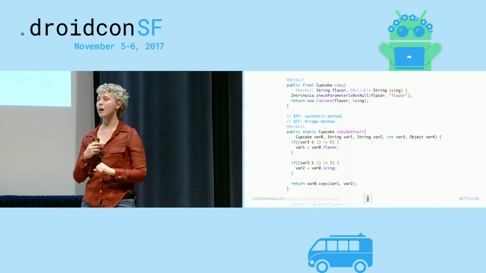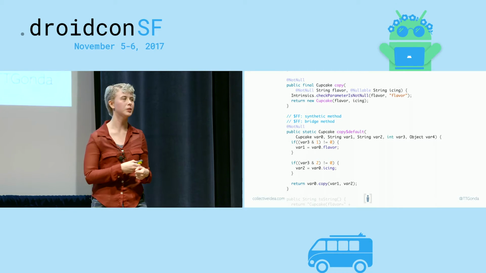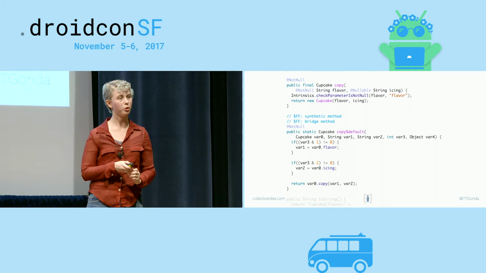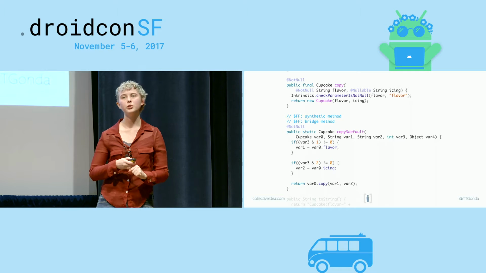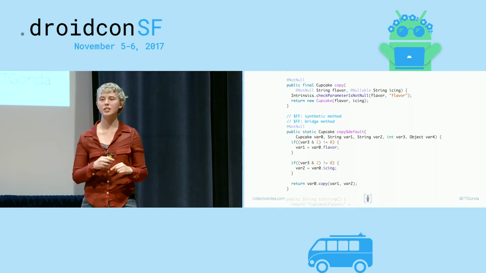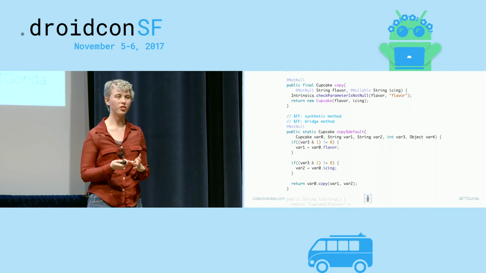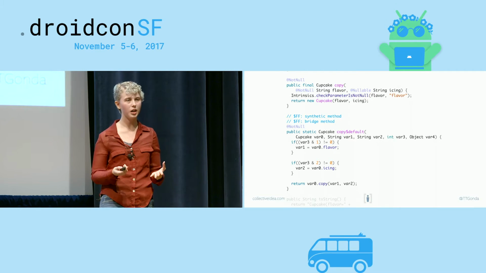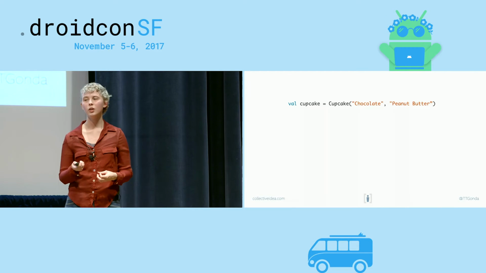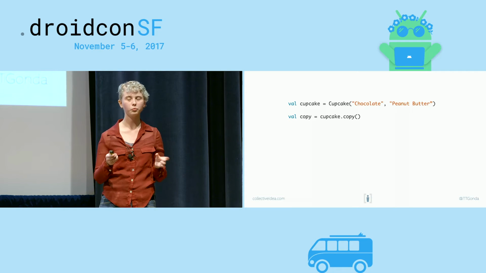And then we have a copy function, actually kind of two copy functions. There is a synthetic bridge method that goes along with it that uses masks to allow you to pass in different things depending on how you want to make a copy, if you want to change anything. So what this means for us is, say we have a cupcake, we can either just make a direct exact copy.